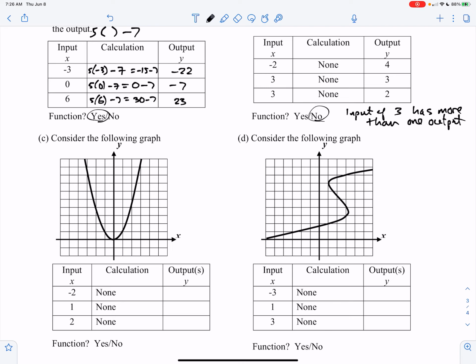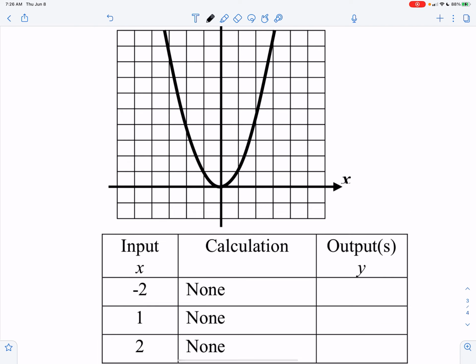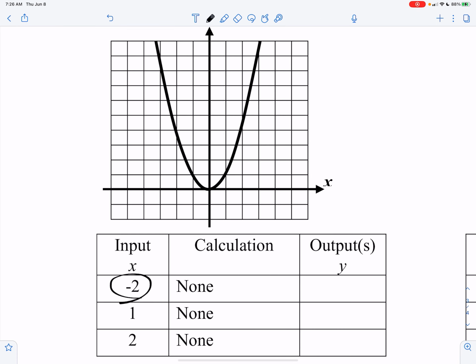Okay, we're going to do the same thing graphically. So input -2. If I go over to -2, that's here, and if I go up to the graph, that would be this point right there. You could say that corresponds pretty close to y equals 4. I'll call it y equals 4.